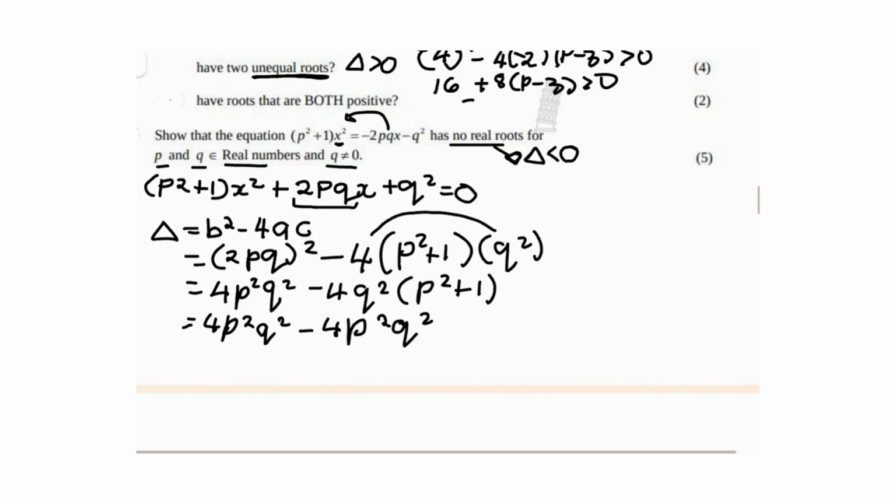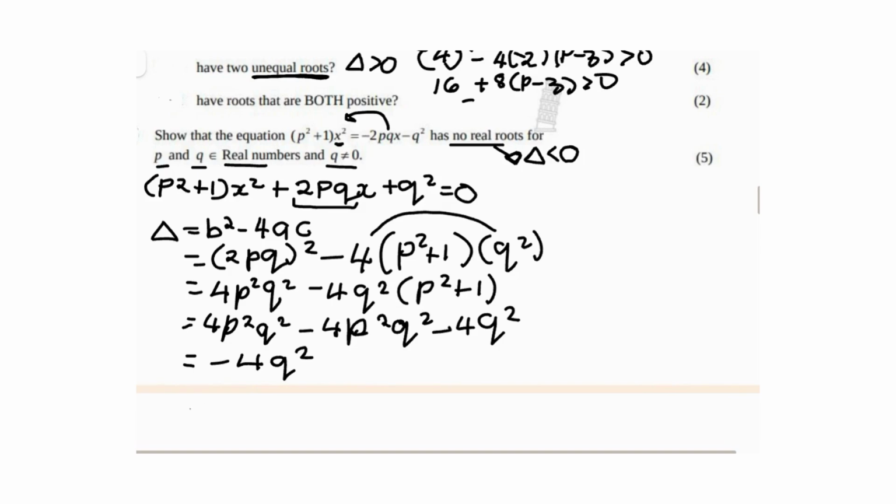Alphabetically, I'll start with the p, and negative times positive is negative. Negative 4q squared times 1 is just negative 4q squared. So 4p squared q squared minus 4p squared q squared gives us 0. Then I'm left with negative 4q squared.